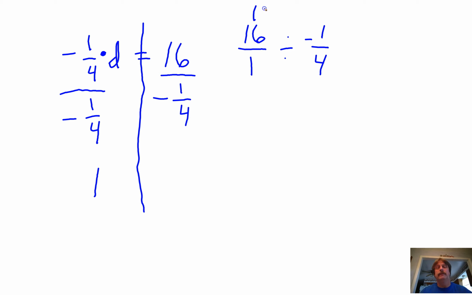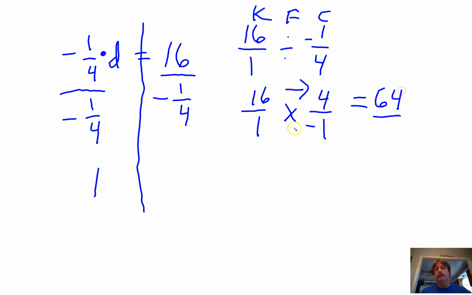Okay, so we do our KFC. So I have 16 over 1 times 4 over negative 1. So if I go 16 times 4, it's going to equal 64 over, and then 1 times the negative 1 is going to be negative 1. So then I have 64 over negative 1, that's going to equal negative 64.